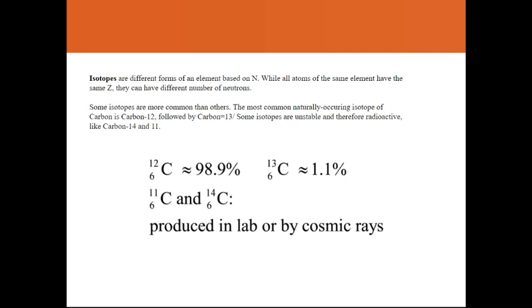And then there are more unstable isotopes like carbon 11 and 14 that are not naturally occurring, but can be produced during reactions in a laboratory setting or by cosmic ray showers. The reason carbon 12 is so much more common than carbon 13 is because it's more stable. Having an even number of neutrons and protons is desirable by nature.